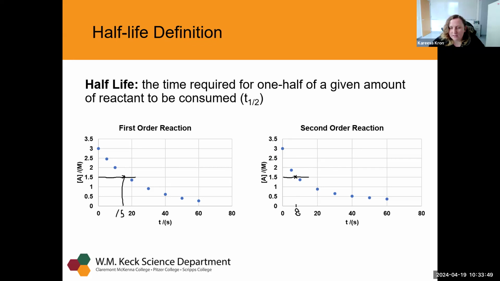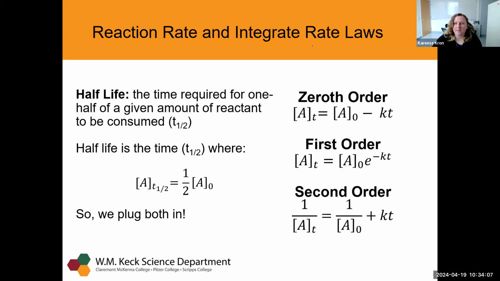And so maybe this is 8 or 9. So in order to calculate the half-life, or the time it takes to get to a concentration equal to half of your initial concentration, you have to use integrated rate laws, which tell you how concentration changes as a function of time. So we're going to take our integrated rate laws from the last video, and plug in a time of t equals 1/2, where our final concentration, or A of t, is going to equal 1/2 A naught.